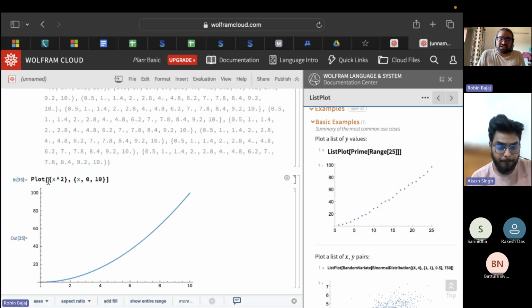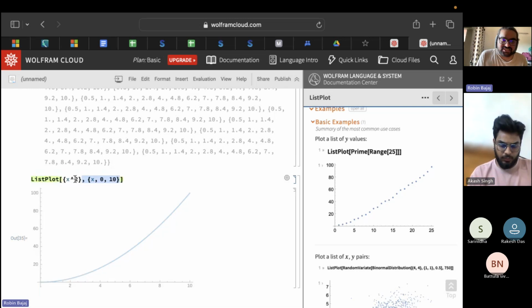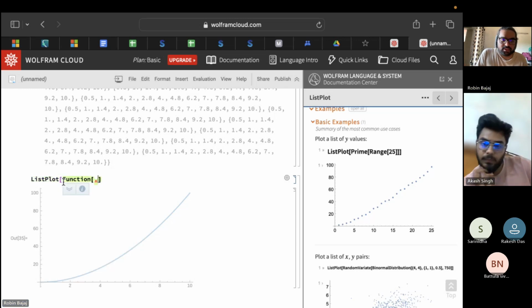Okay. But what if you want to plot discrete values? What would you have to do? I just told you how to define a function on a list, right? So basically what you would have to do is define the function x square and apply it on the list.